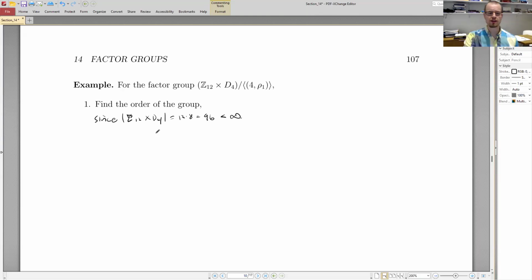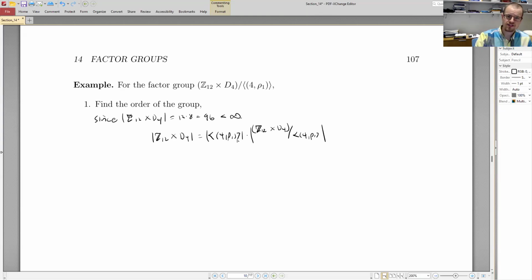So working with what we developed in our proof for Lagrange's theorem, we know that the order of the direct product is equal to the order of the subgroup times the number of cosets, which is the thing that we're actually interested in here. We already showed that this is 96.